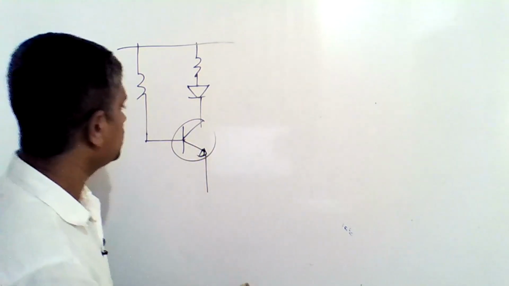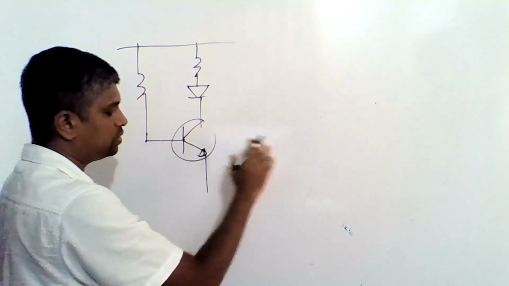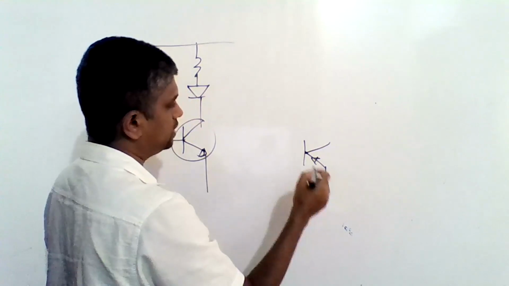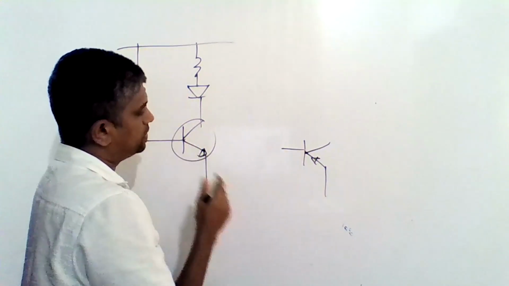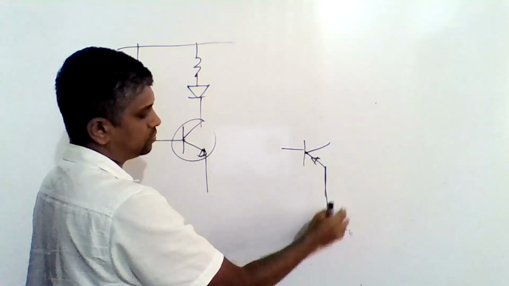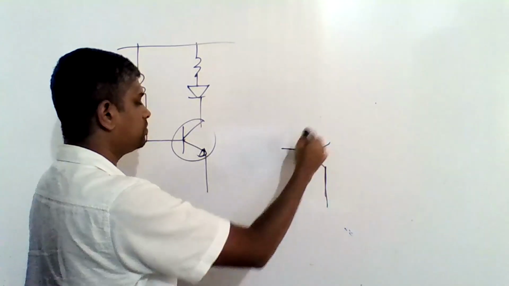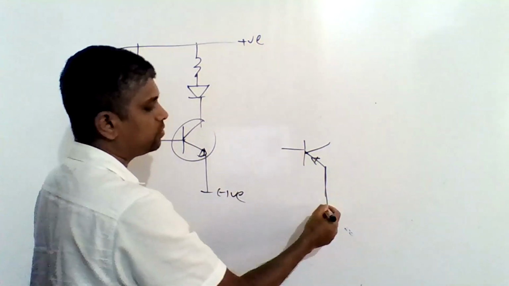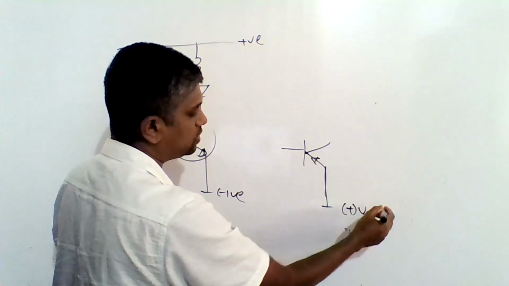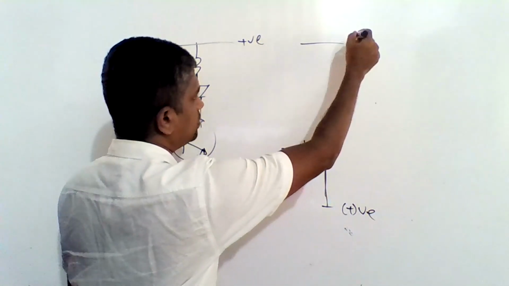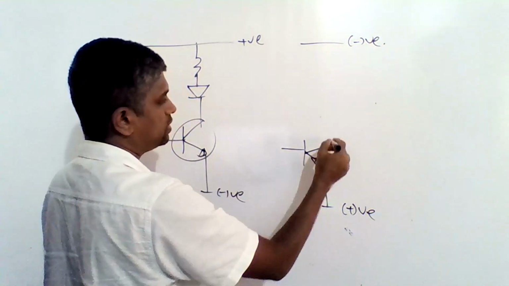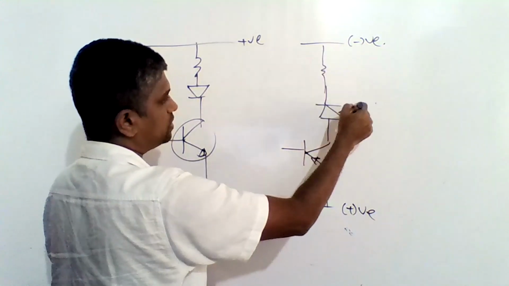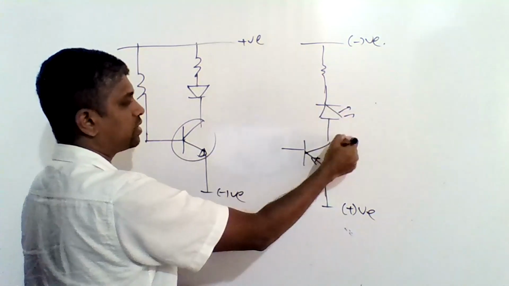If you want to construct the same one using a PNP transistor, the direction of current flow is different. Therefore you have to put the positive terminal here, and here must be the negative terminal, right? When you are putting the LED, you have to put it in the opposite direction, because the direction of current flow is opposite.